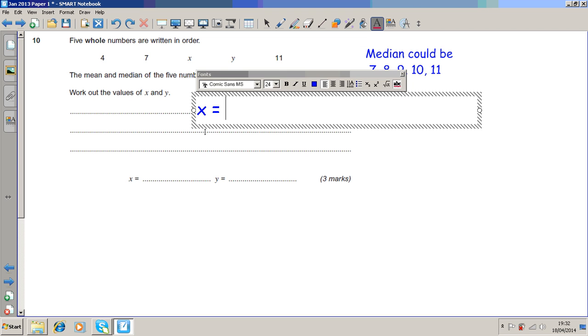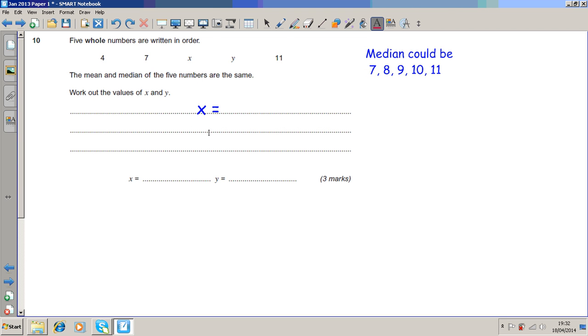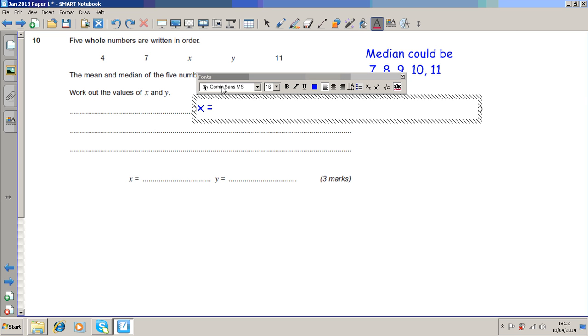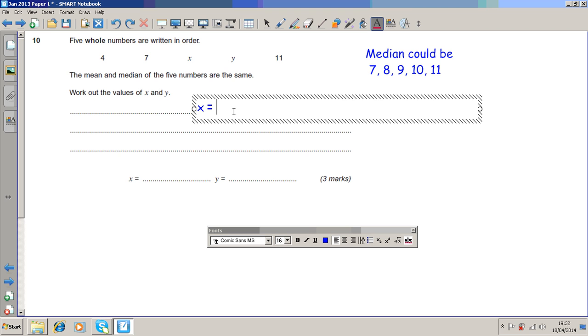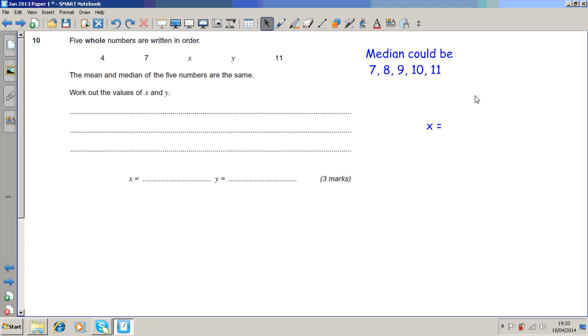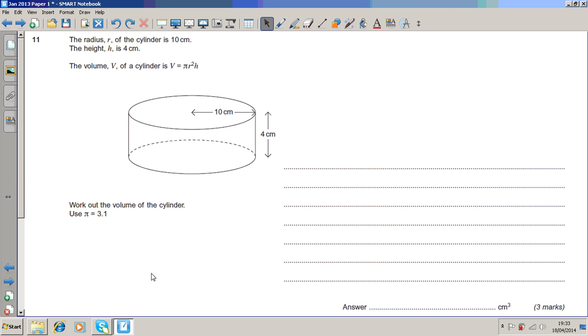So x is equal to... I'm going to have a look into that one and then find out, because I'm having a bit of a mental block on that one. I'll come back to you and have a look.